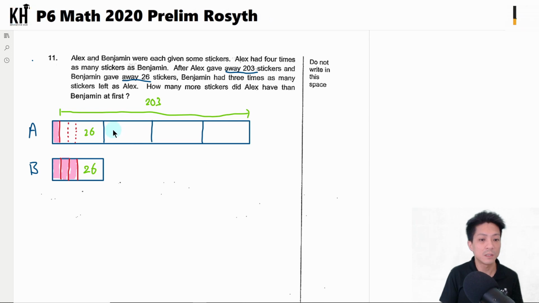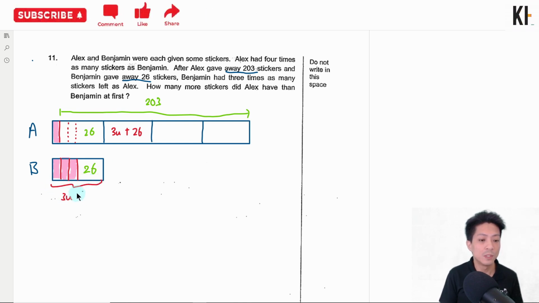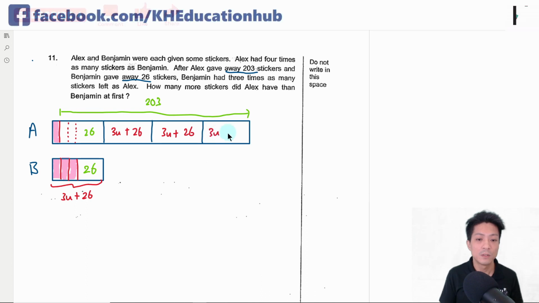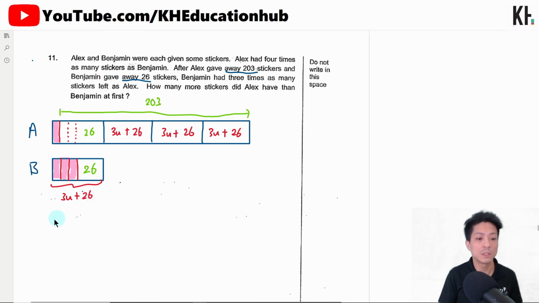This block here can be represented by 3 units plus 26, and this block is 3 units plus 26 as well. Since from here to here is 203, I'm going to write down the working here. So 203 is equal to 2 units plus 26.